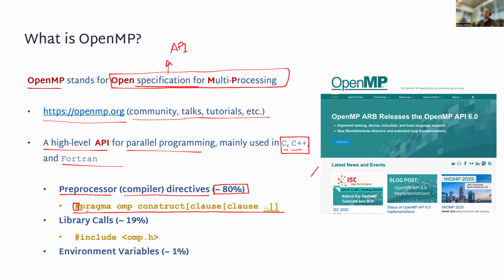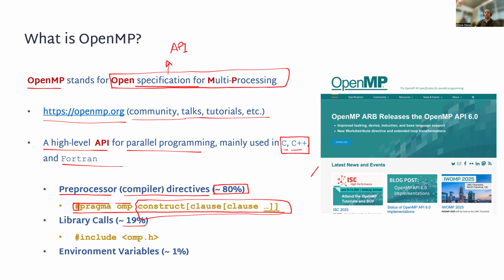And all of them in OpenMP start with pragma omp, and then you have some OpenMP specific constructs, right? So 80% of your code is these preprocessor directives, which makes OpenMP quite interesting because things are done by the compiler. You just guide the compiler how to do those things, right?